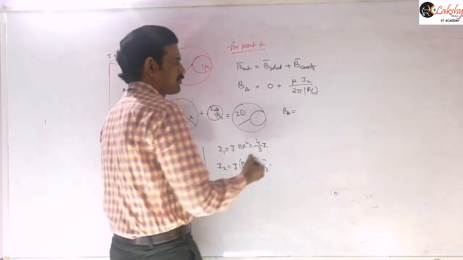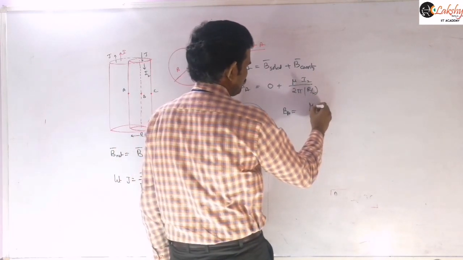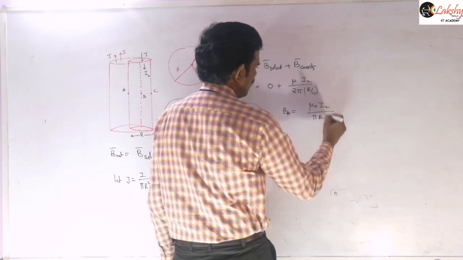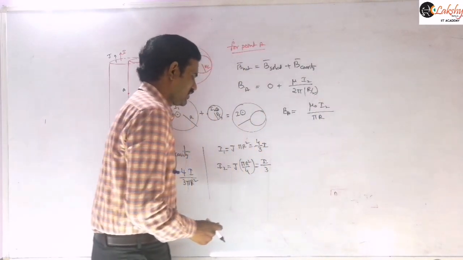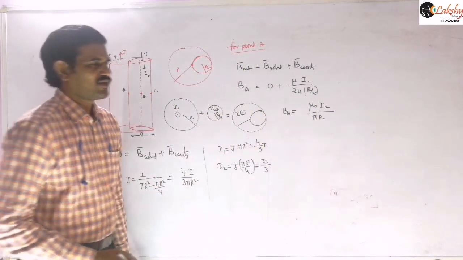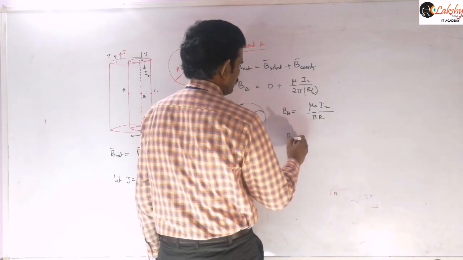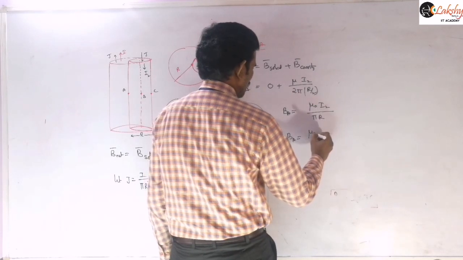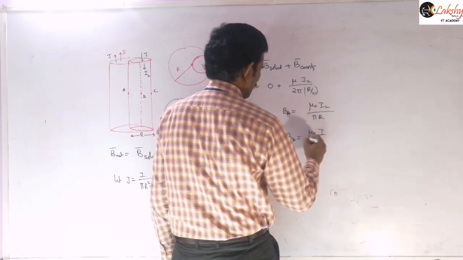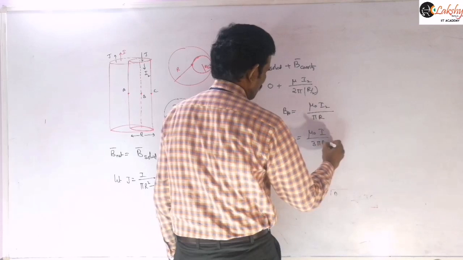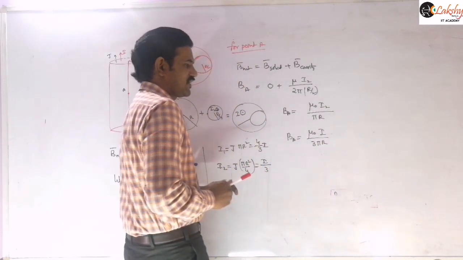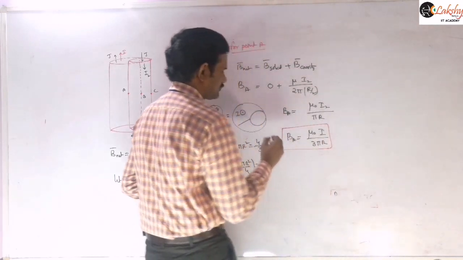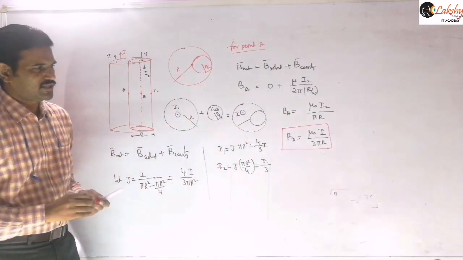So the magnetic field at point A, now we can write this as mu naught I2 by pi r. So the 2 will be cancelled. Now I2 means you can substitute this value here. So mu naught into I2 value, which is I by 3, so I by 3 pi r you can write. So this is the magnetic field at that point A.